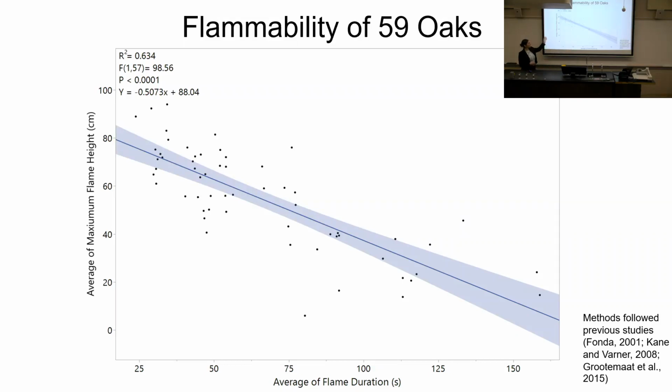I added all this data from previous studies as well as mine to determine that there is a correlation between the average flame duration and the average maximum flame height. My results show a significant correlation between these two, as the other studies did. As the average flame duration increases, we see that the maximum flame height is decreasing.